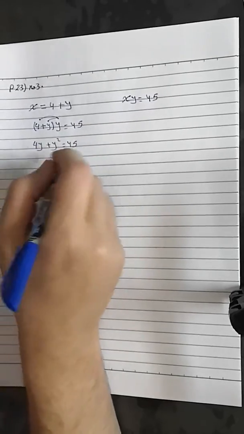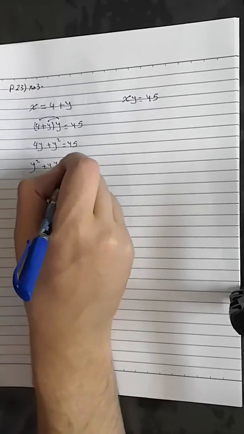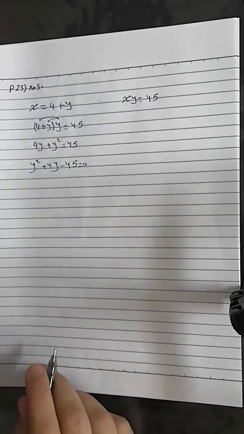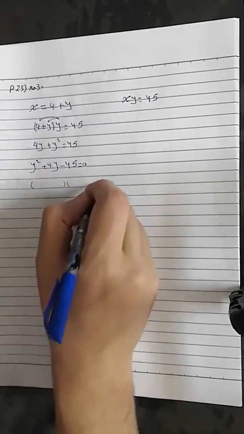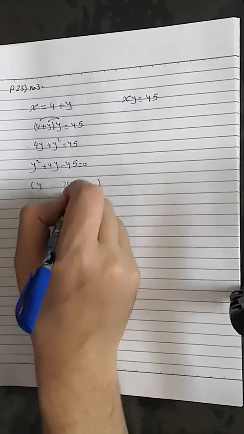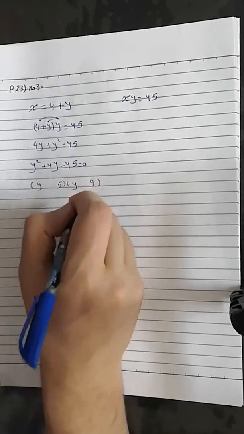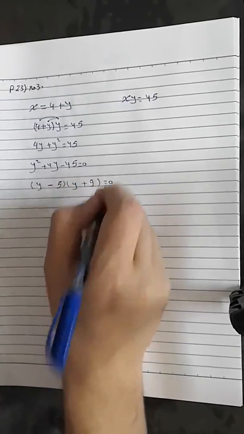Order this one as an equation. y squared plus 4y minus 45 equals 0. I moved 45 inside. I have now y and y. 45 is 5 times 9. This one is plus and this one is minus, equal 0.